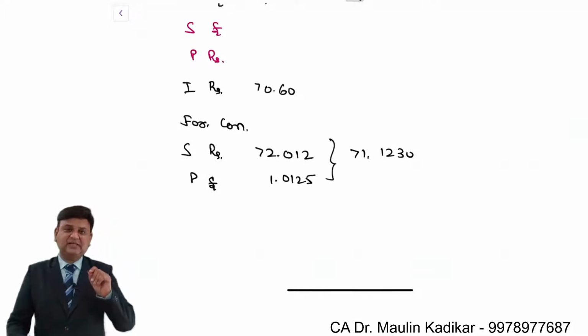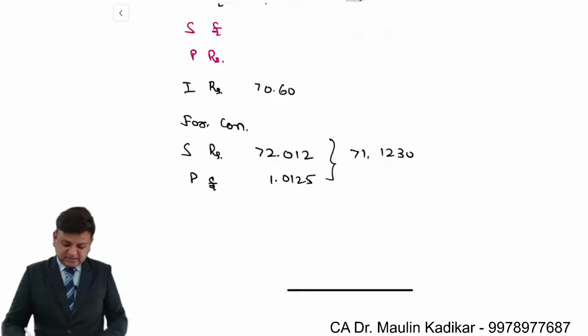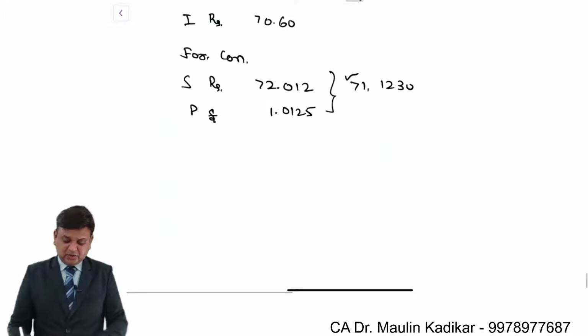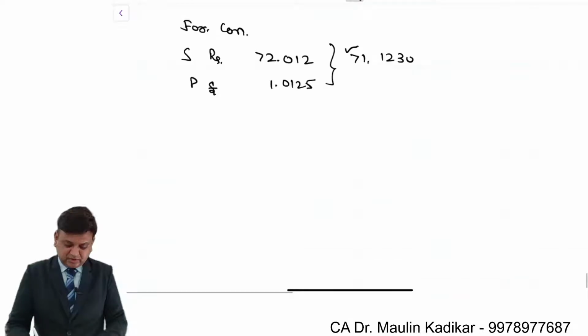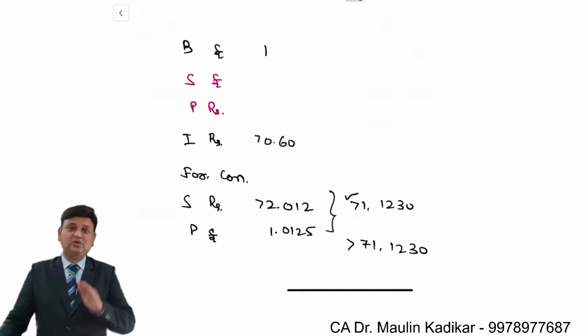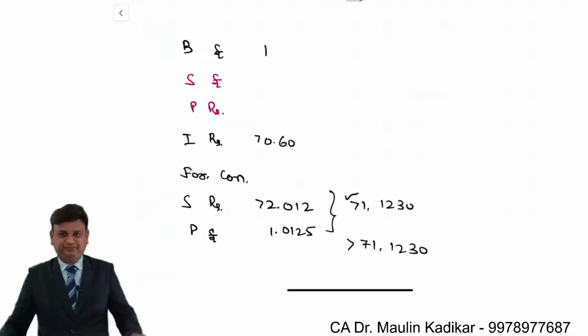If the bank is asking from you this amount of the rupees for 1 pound, then in that case you will be at a break-even point. So the bank should ask for an amount which is greater than 71.1230. Then in that case you will be having a loss.